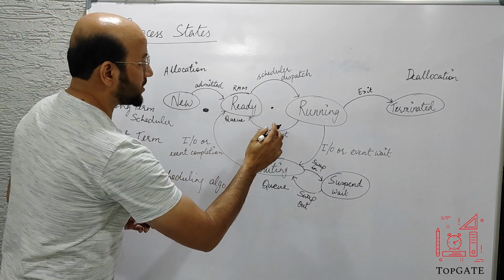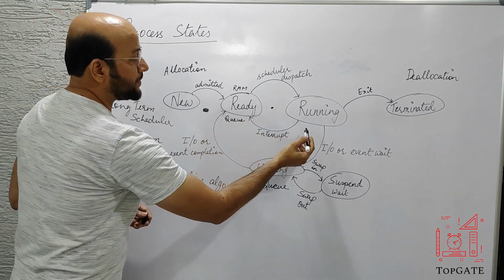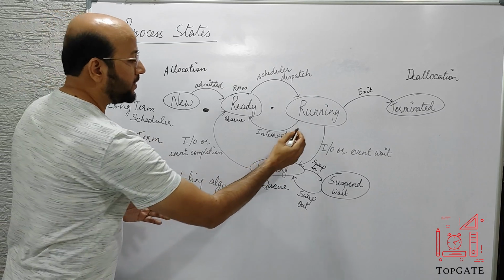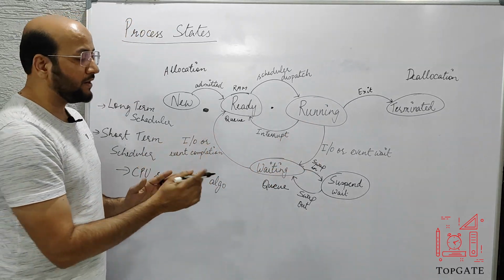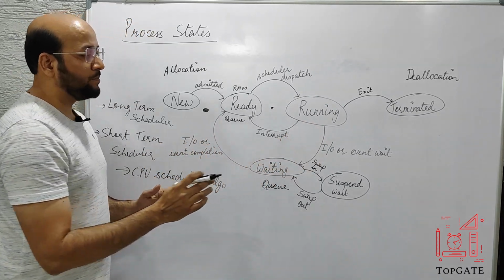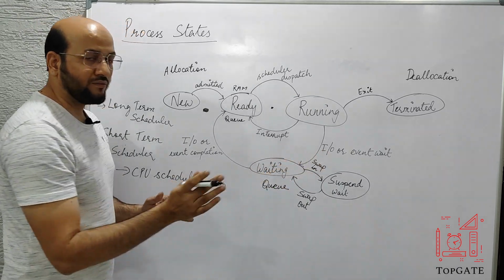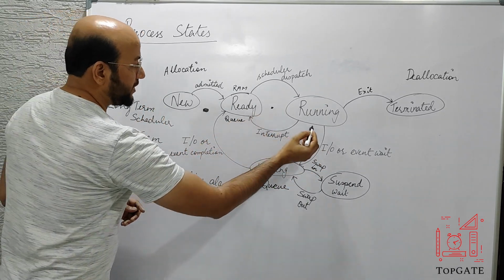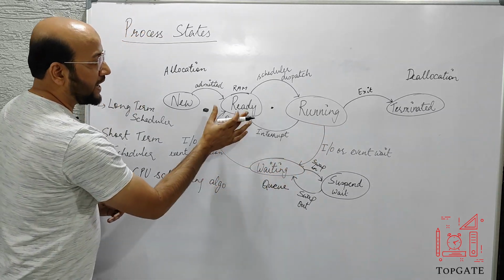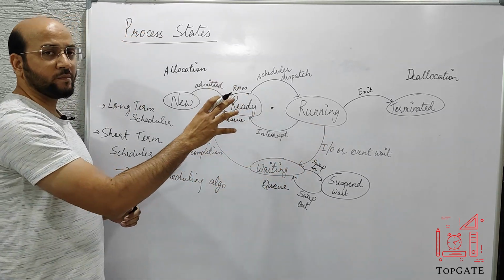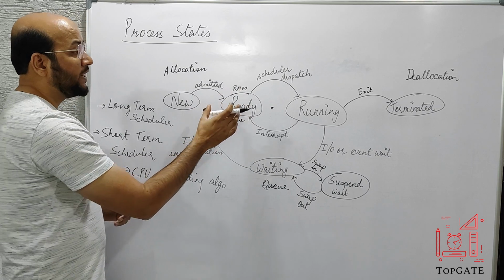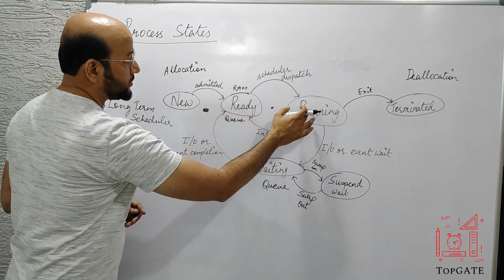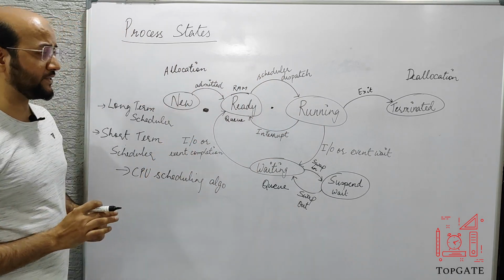So the operating system will ask that process to leave the CPU for a moment and go to the waiting state, and in the waiting state it can complete its input, whatever it needs for its execution. Meanwhile, when this process shifted to the waiting state, another process, on the basis of some CPU scheduling algorithms, was picked from the ready state and dispatched to the running state.